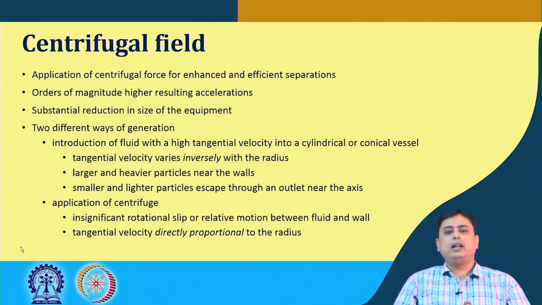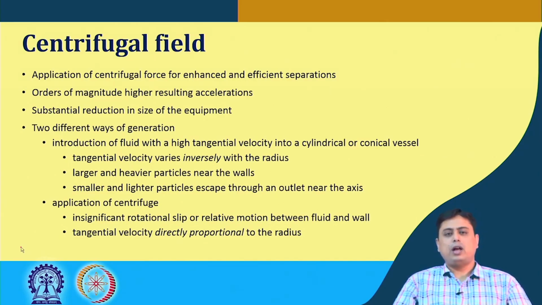That is the ideal point where the fluid sticks to the solid wall and moves along with the impermeable wall. In this case, the tangential velocity is directly proportional to the radius.